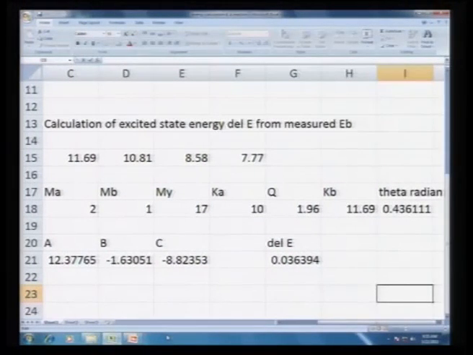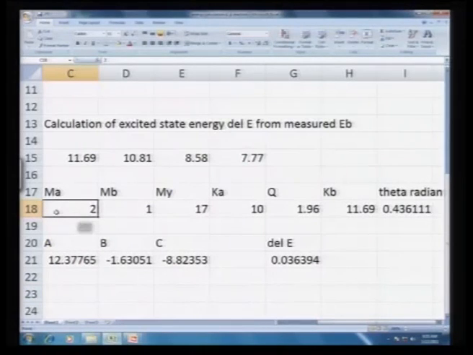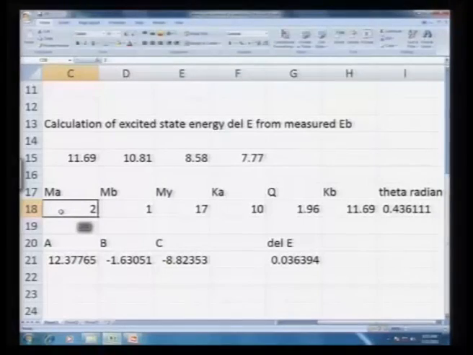In this we are calculating excited state energy for that reaction that is written there, and if you look at the quantities that I have written here, this is Ma. What is A? A is here the incident particle, that is deuteron. It is mass in certain units.